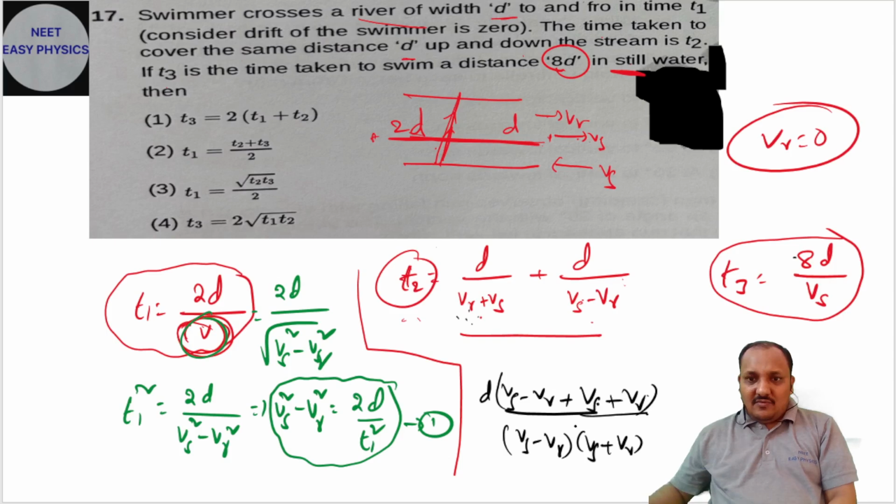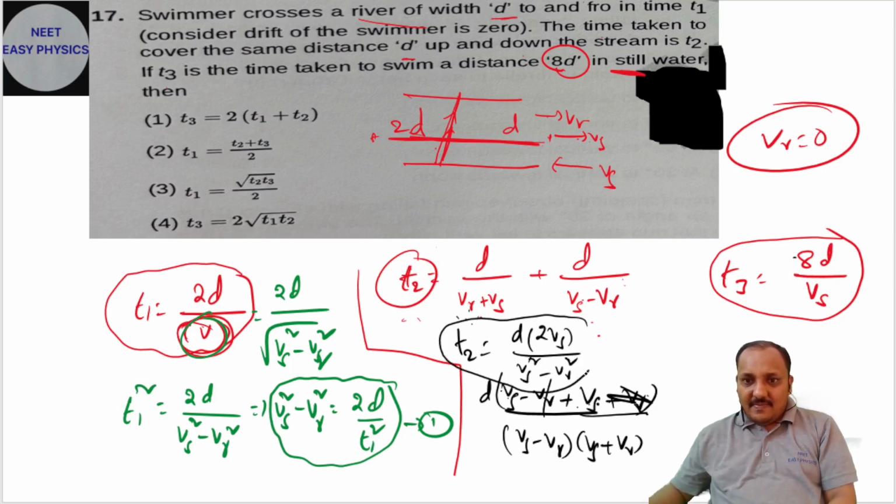Vr is going to be cancelled. Vs plus Vs, what are we going to get finally? So t2 is going to be d into Vs plus Vs, 2Vs, divided by Vs square minus Vr square.